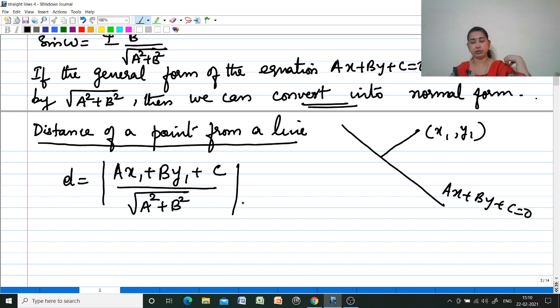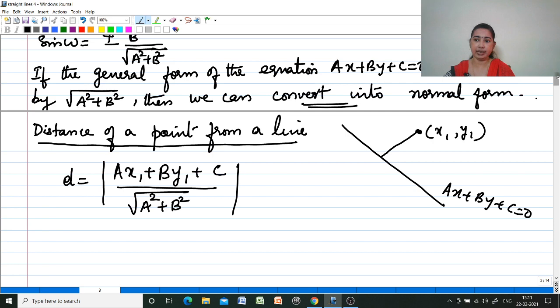That is, we substitute x1, y1 in the equation ax plus by plus c equal to 0: instead of x we put x1, instead of y we put y1, divided by root of a square plus b square. We can find the distance from a point to a line.